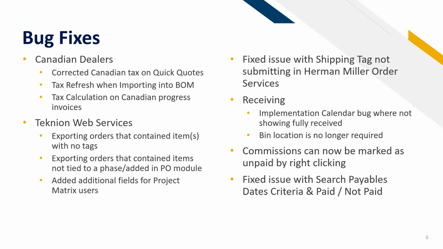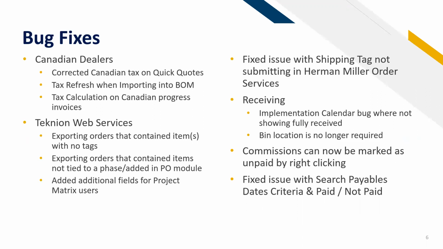We also did the calculation fix on Canadian progress invoices, progress billings for customers. There's a little bug there. For Technion Web Services, we did fix the issue with exporting orders that contained items with no tags erroring out. So that's no longer an issue there.